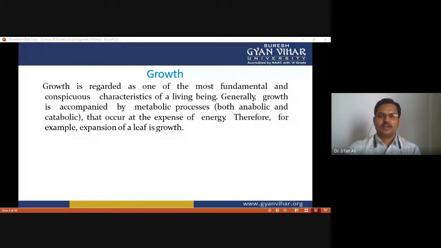Therefore, expansion of a leaf is growth.